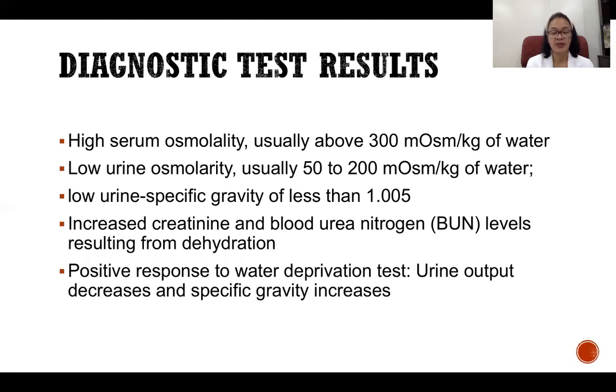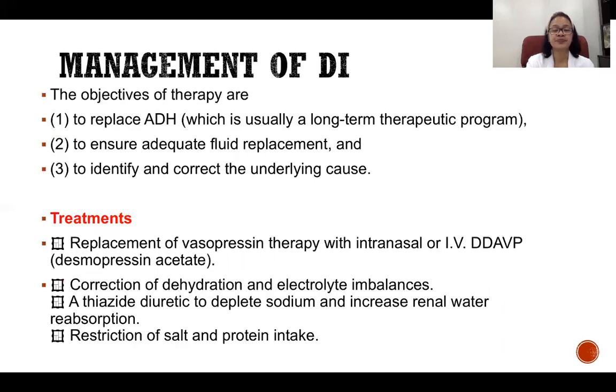And the urine specific gravity is less than 1.005. Because of the dehydration, it can cause an increase in serum creatinine and the blood urea nitrogen. And when you do your water deprivation test, there would be a positive test for that, okay?